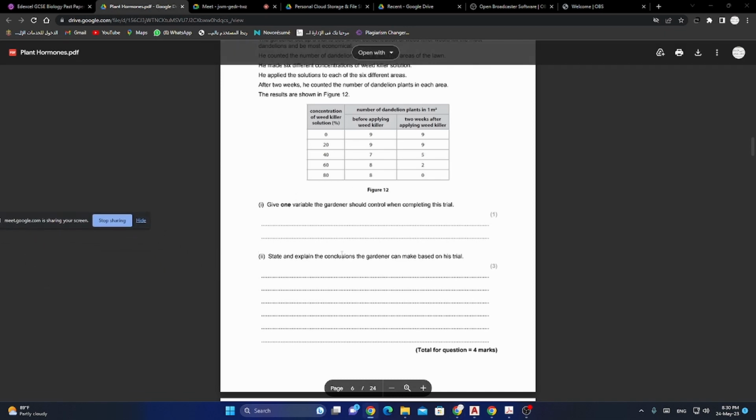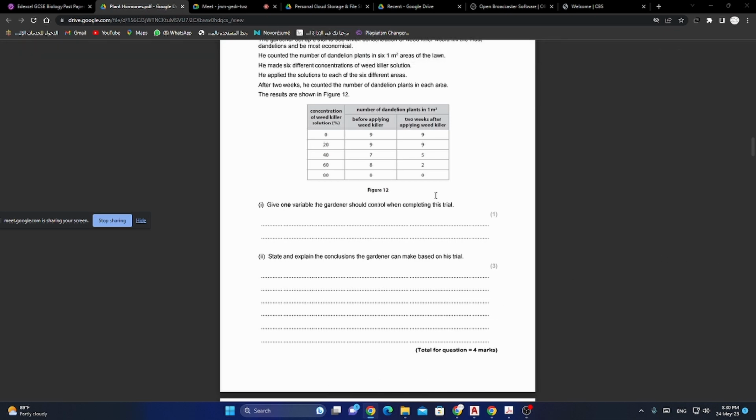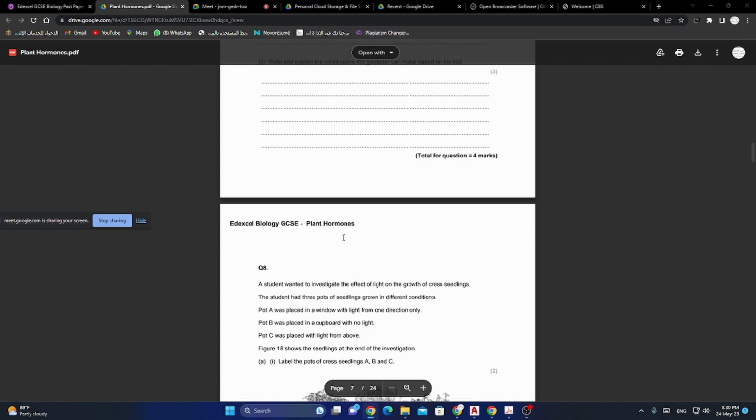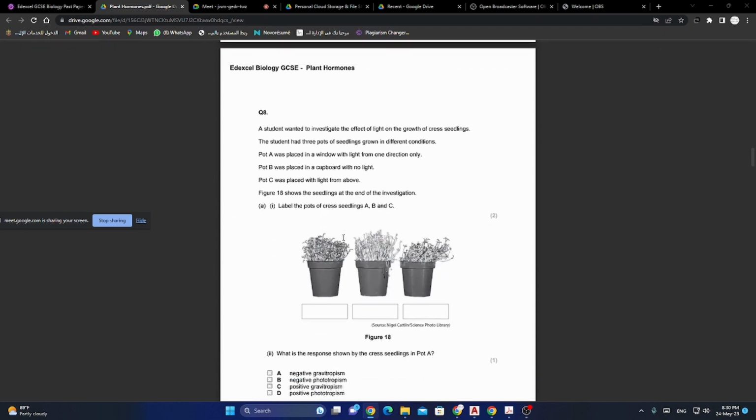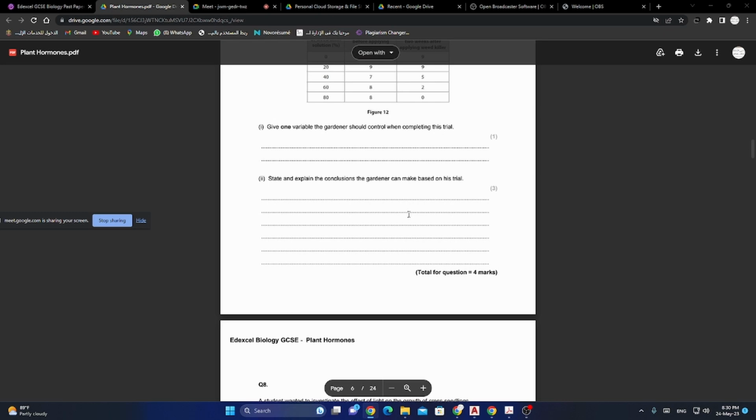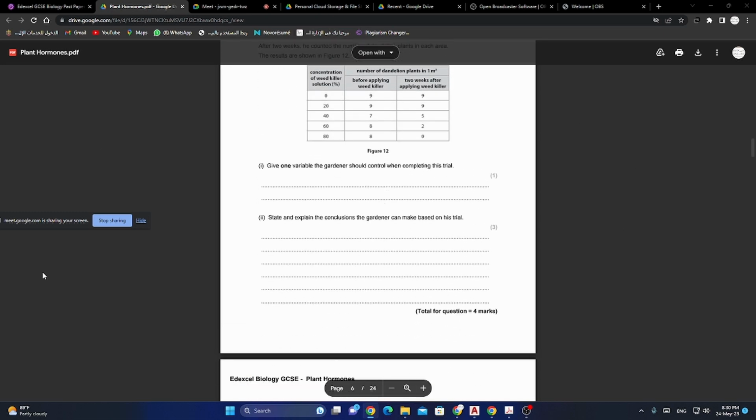Okay, so in this case, they want you to state and explain the conclusion. They didn't want you to state and explain anything at all in the table other than the conclusion, which is that 80 kills all of the dandelions. It's fine though, it's fine. Moving on. For now, let's leave this to the end.